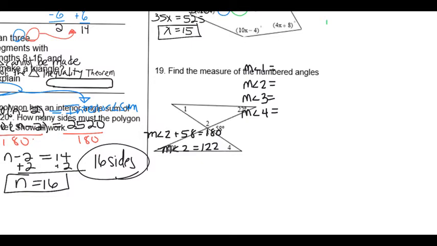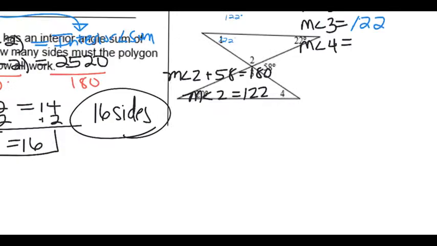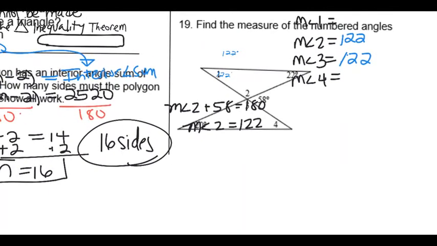That means that we now know the measurement of angle 2. Since angle 2 and angle 3 are vertical angles, all vertical angles are congruent, which means they have the same measure. So that means the measurement of angle 3 is also 122. Since we know the measurement of angle 2 and the measurement of angle 3, we can use the Triangle Sum Theorem to find the measurement of angle 1.